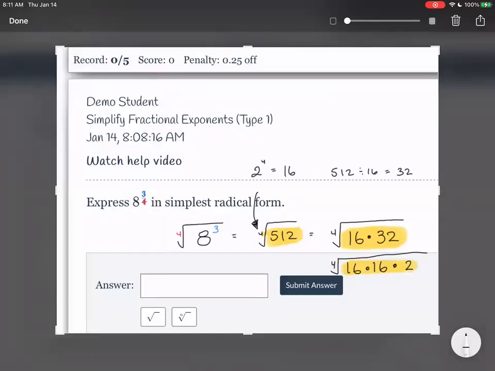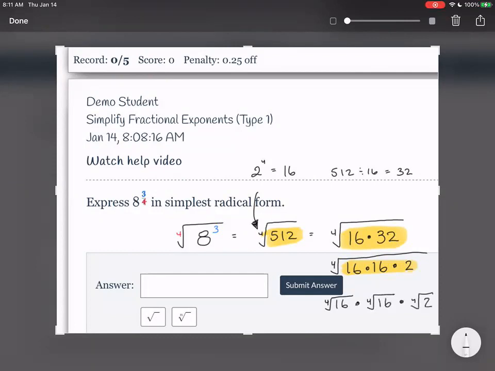All right, so the reason why we split up 512 into 16 times 16 times 2 is because, here, let me just show you all the work so that we can simplify it out. So 16 times 16 times 2, so the 4th root of 16 times the 4th root of 16 times the 4th root of 2.